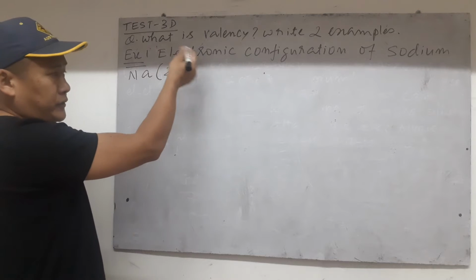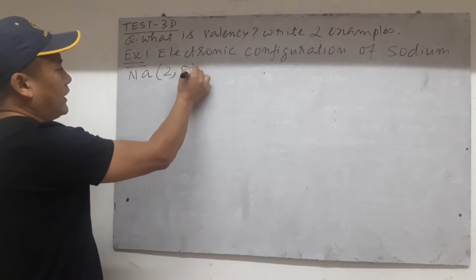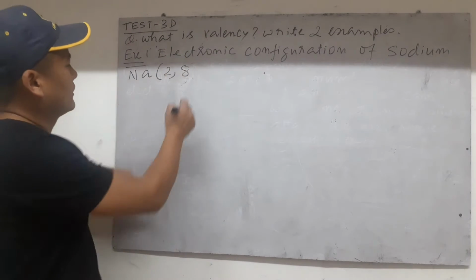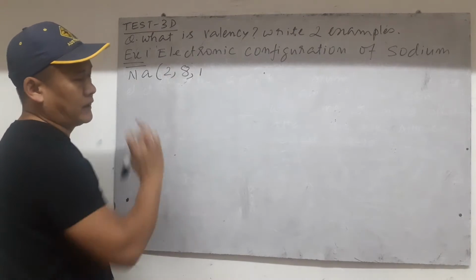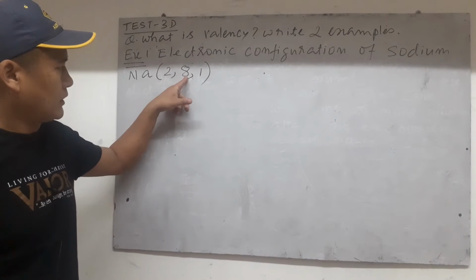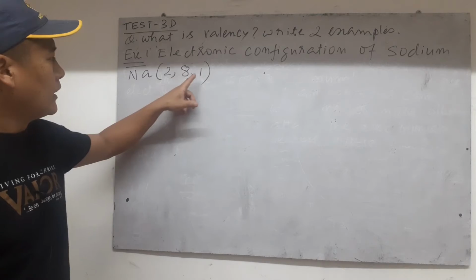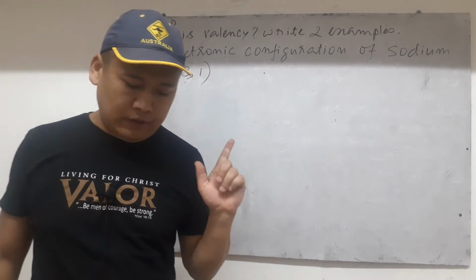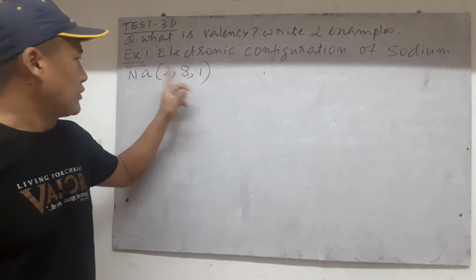We already know, we did this in the first class, right: first shell 2, and it has got 8 electrons in the second shell, and then in the third shell it has got 1, because the atomic number is 11. 2 plus 8 plus 1, 11. So the electrons are distributed in the first shell 2, second shell 8, third shell it has only 1 valence electron. This electron in the last shell, 1 electron, is called the valence electron. So that is the electronic configuration, meaning arrangement of electrons in a sodium atom.